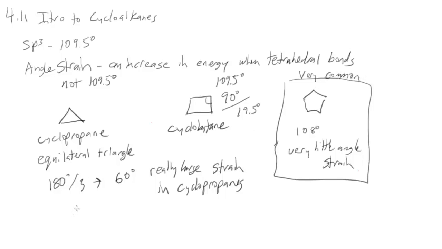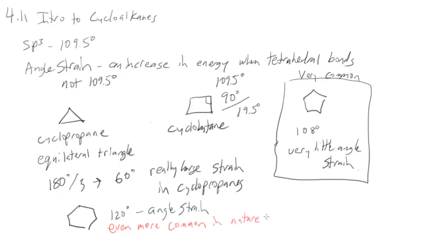So then let's look at cyclohexane. In cyclohexane, all of the bond angles are 120 degrees. So you would probably guess that there's quite a bit of angle strain here. And what you'll find out is that they're even more common in nature than the 5-membered rings.